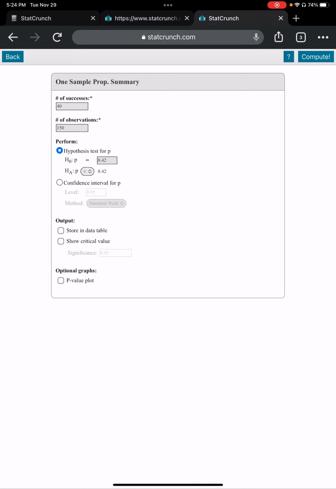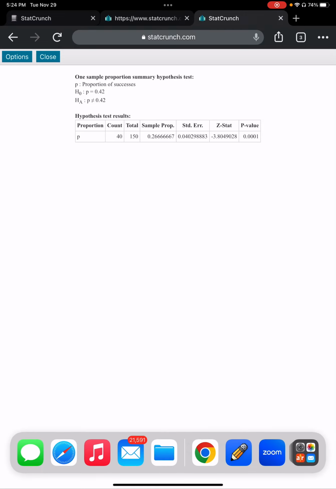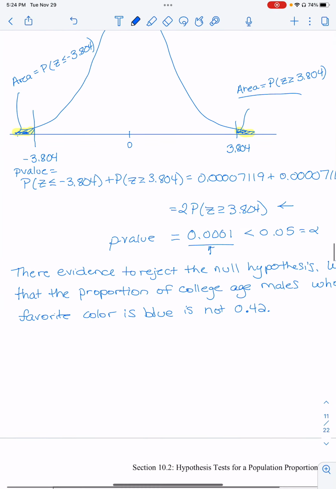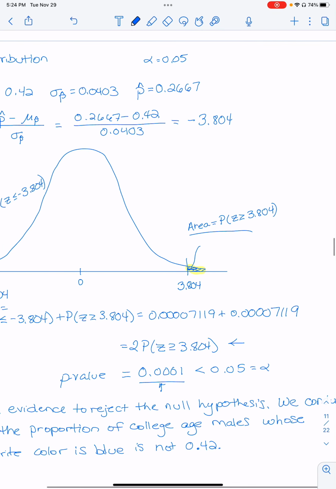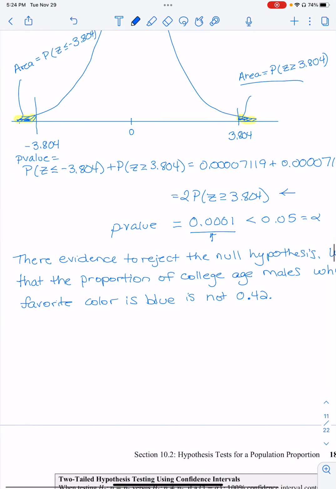And then we hit compute, and what you see here is that you have a p-value over here on this far side that shows on the right-hand side 0.001, and our Z statistic actually is negative 3.805. If we go back, we notice that our Z statistic was negative 3.804, so rounding issues.